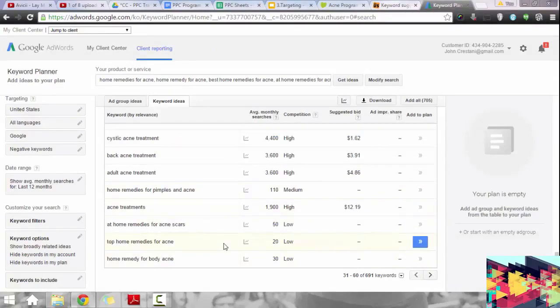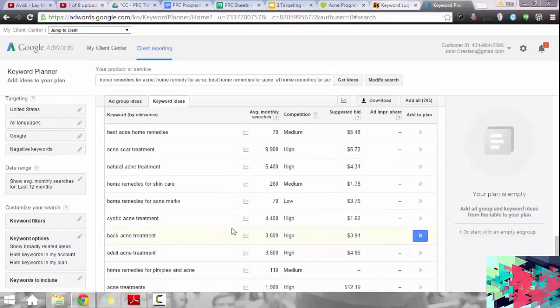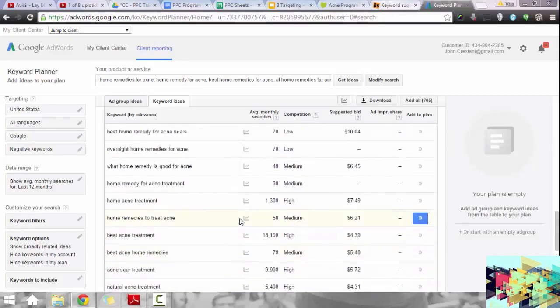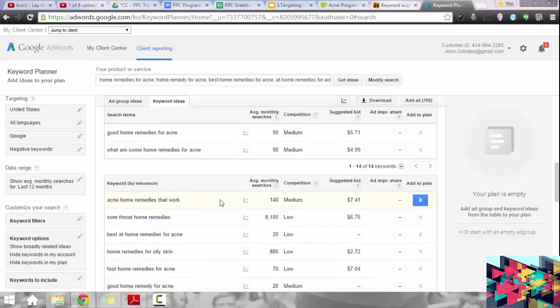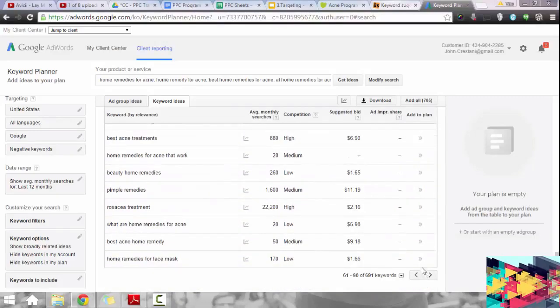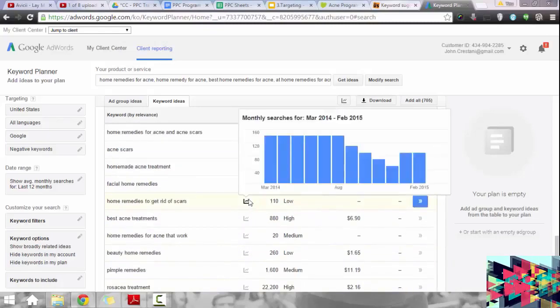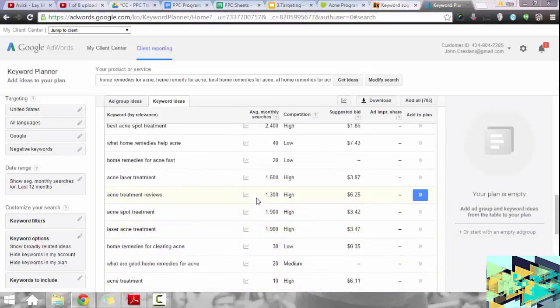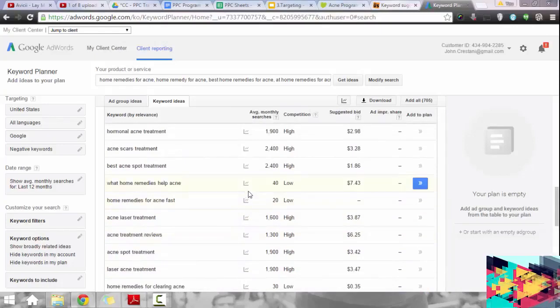So we could click this little button here. Acne scars, we're seeing sore throat remedies. Full beauty home remedies, face mask, acne laser treatment.